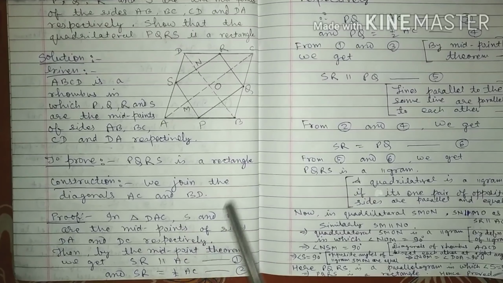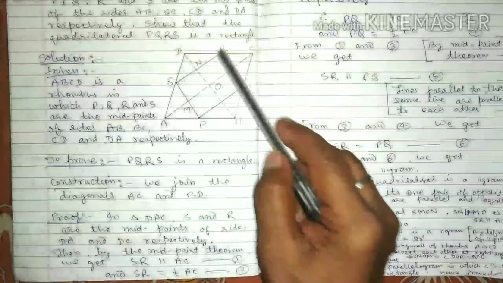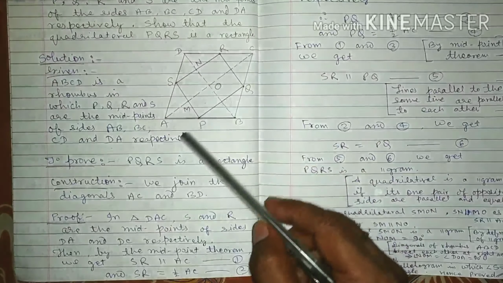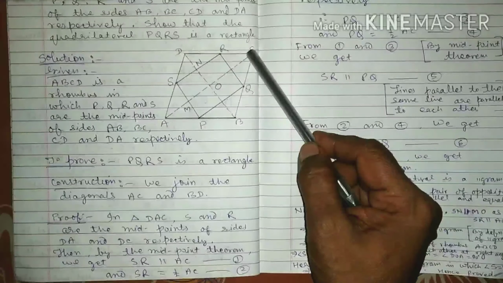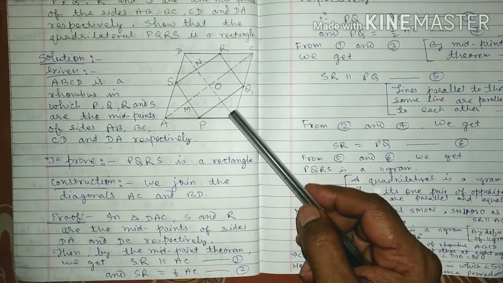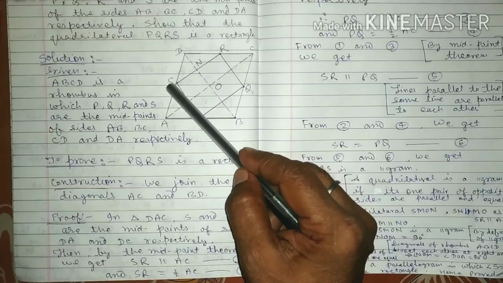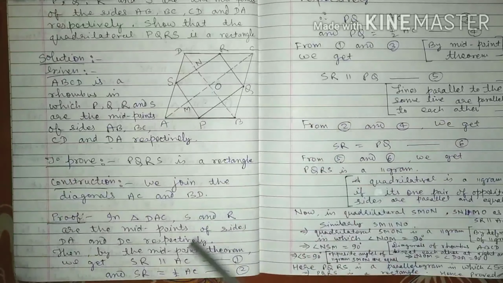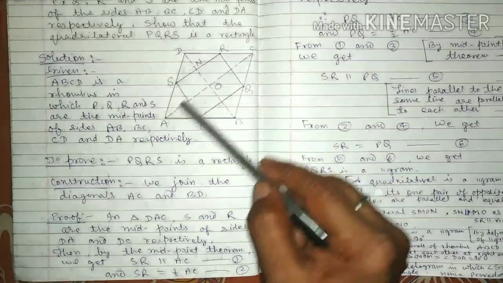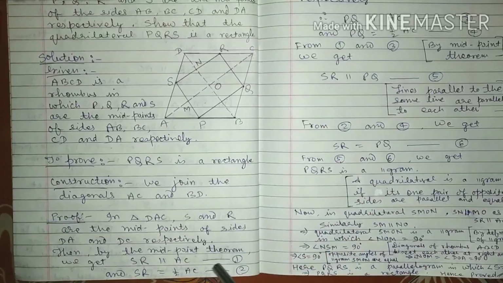Proof. In triangle DAC, S and R are the midpoints of sides DA and DC respectively. Then by the midpoint theorem, SR parallel to AC, equation number 1, and SR is half of AC, equation number 2.